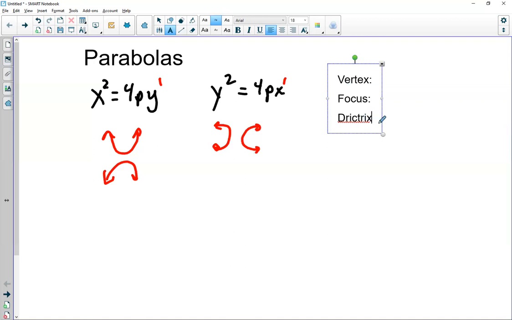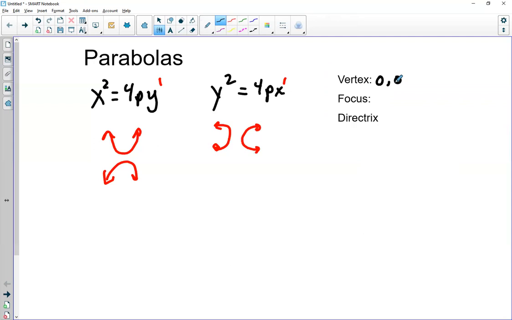For us, the vertex is always 0, 0. Now the focus is going to be whatever variable you're affecting. If it's y by itself, that would be the y value affecting. If it's x to the 1 power, it'll be the x variable. It's always going to be p.